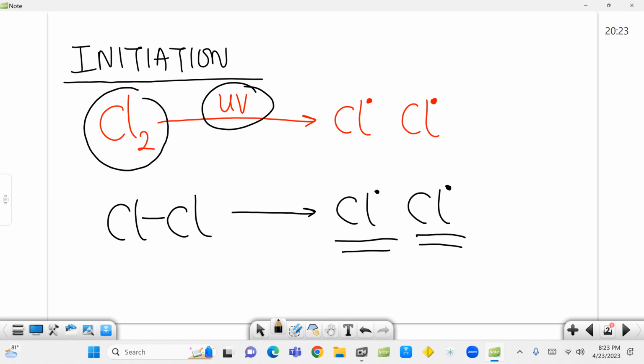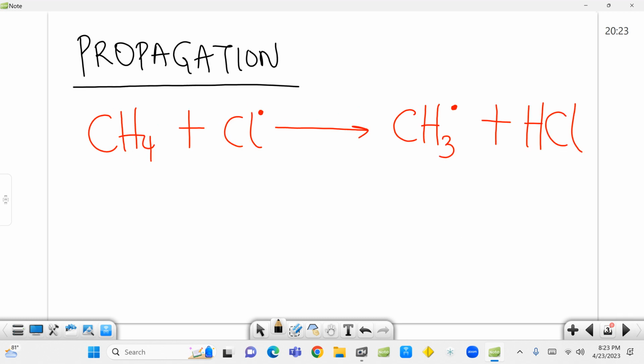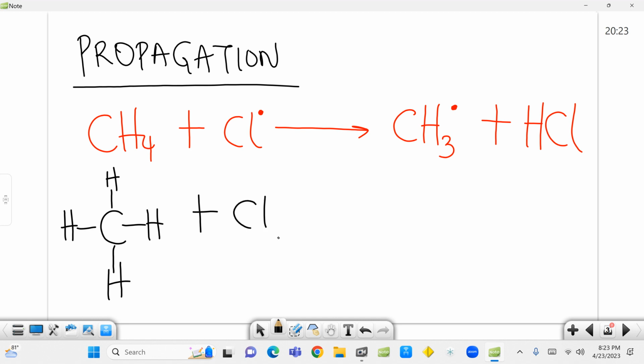The second stage is the propagation stage, where we have the methane molecule combining with a chlorine radical. In the methane molecule structure right here, we have all the hydrogen atoms bonded, and the chlorine radical breaks off the bond on a hydrogen.